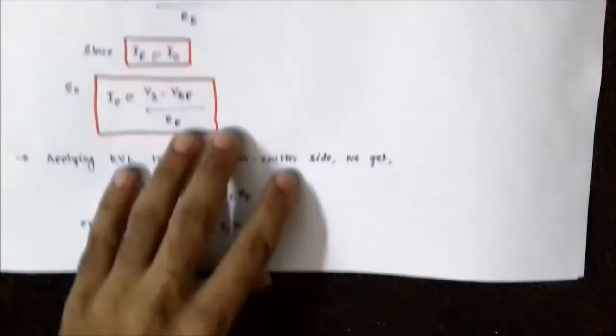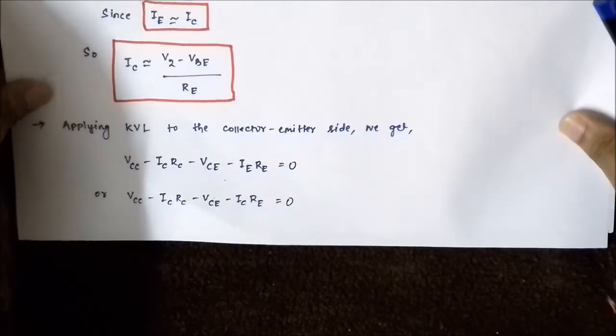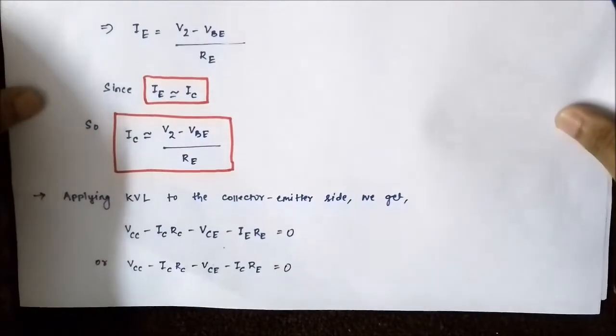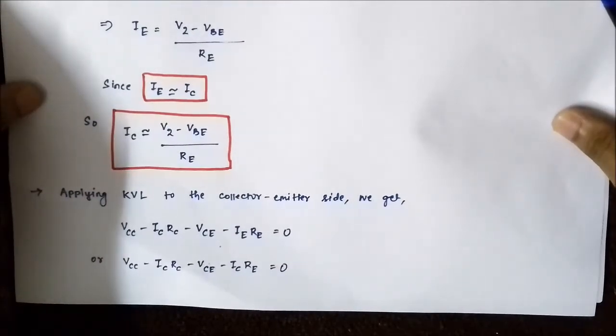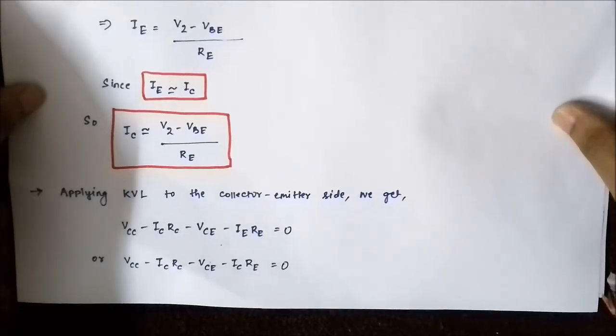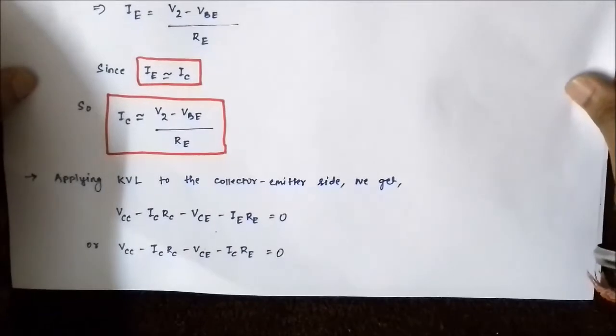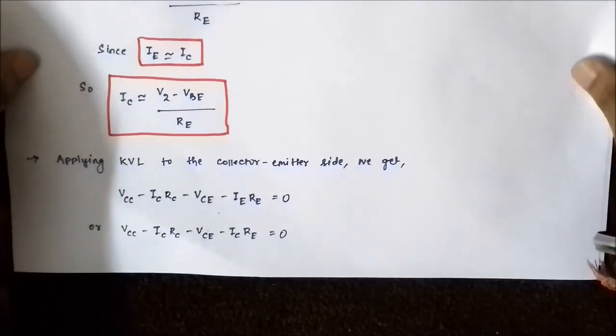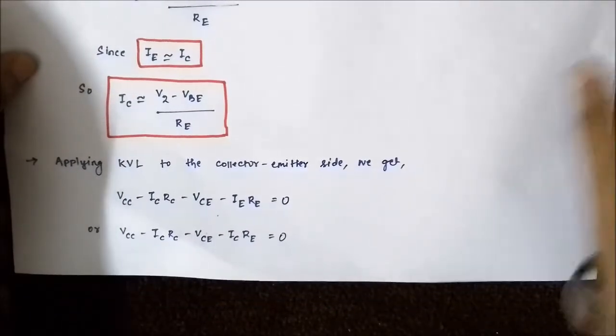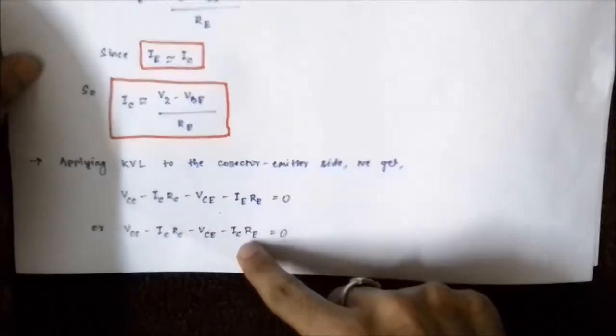So here I have applied the ground to ground KVL. So we got VCC minus ICRC minus VCE minus IERE is equal to 0. Here we have again used the formula IE is nearly equal to IC. So we got VCC minus ICRC minus VCE minus ICRE.